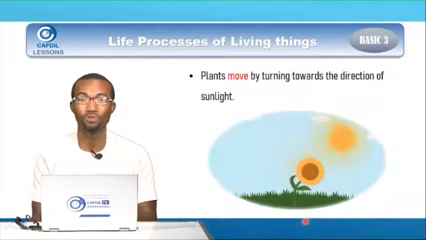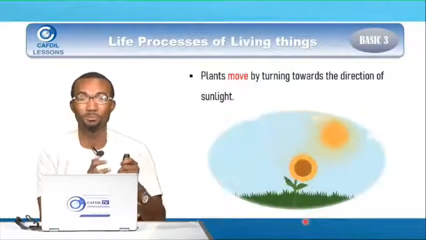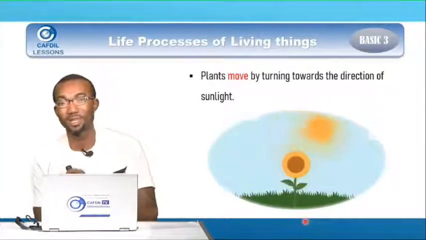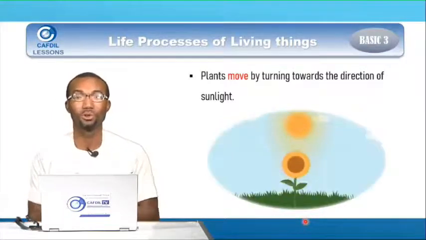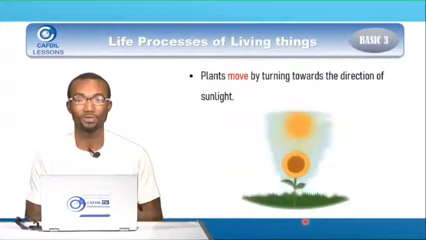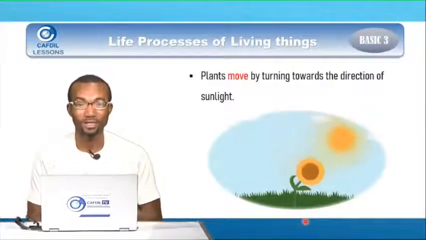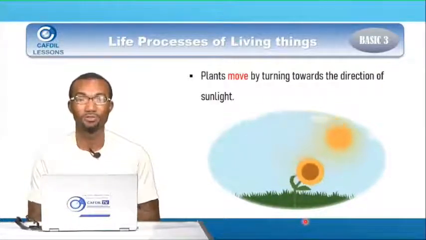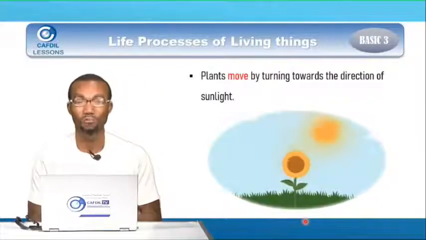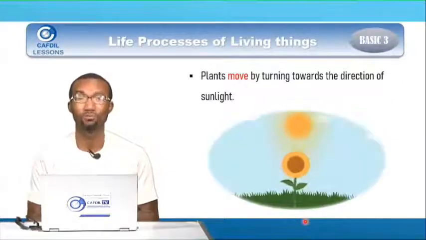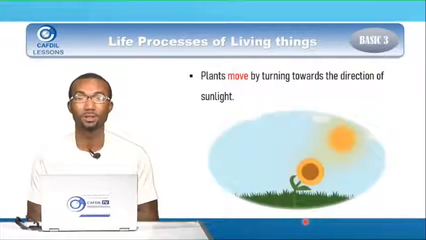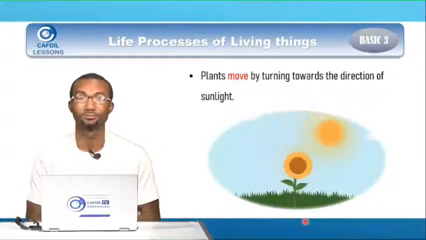They do not move from one place to another, but their branches and leaves can turn towards the direction of sunlight. So one of the life processes of living things is movement. Living things can move on their own.